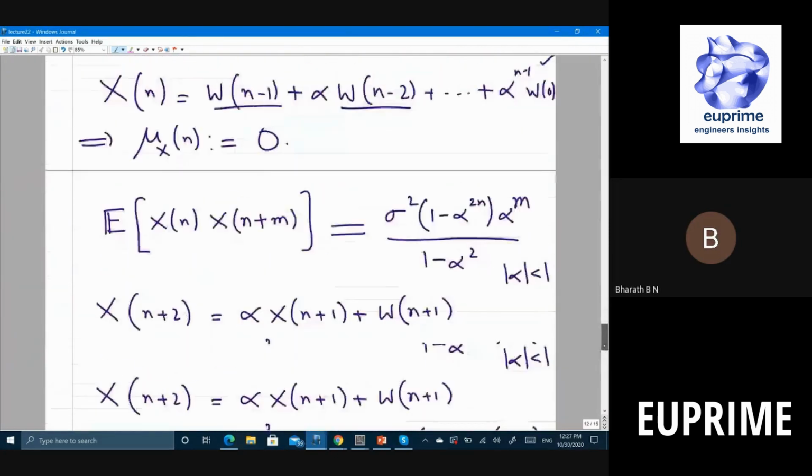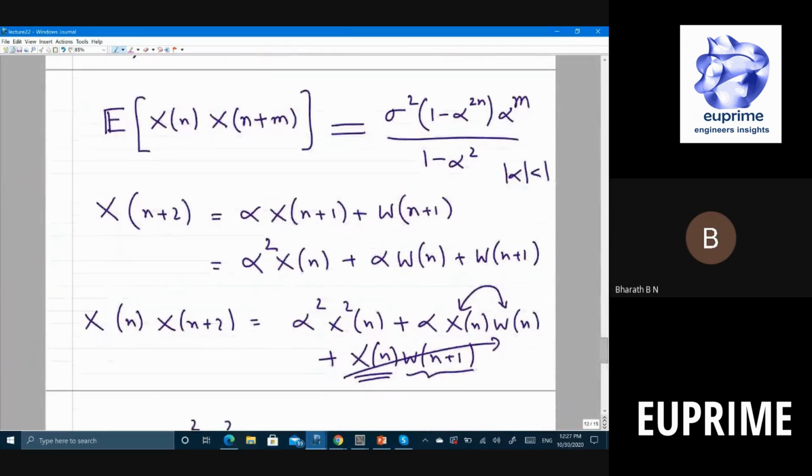W of n plus 1, you have n. So n plus 1, this is correct. And alpha x of n plus 1 is alpha squared times x of n, that's correct, plus alpha times w of n, that is correct, and w of n plus 1, this is correct.